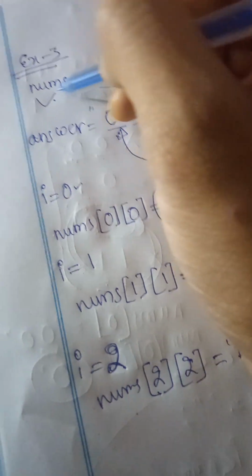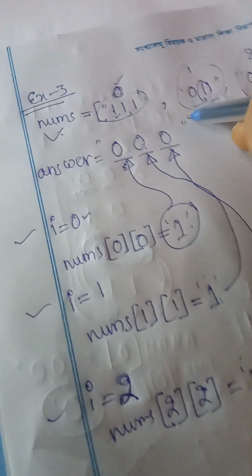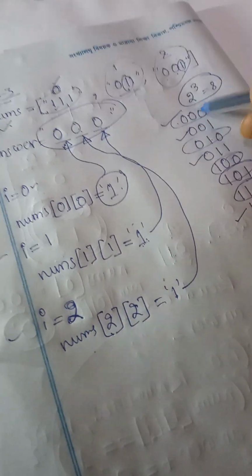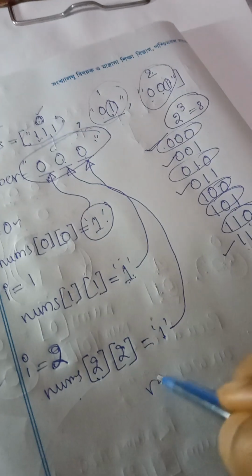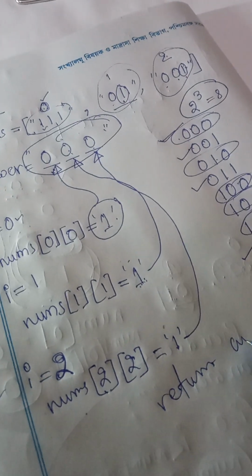I has run 3 times, so it will terminate here. So this is my final string 0 0 0. One of them is my answer, so this is a valid answer, so I can return this as my answer. So this was the explanation.